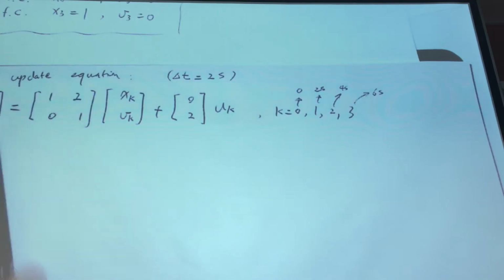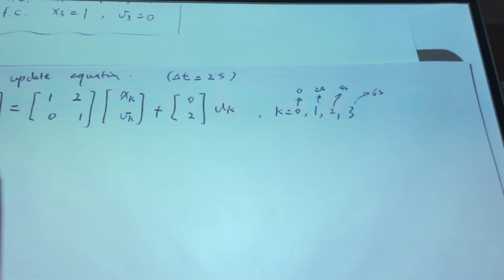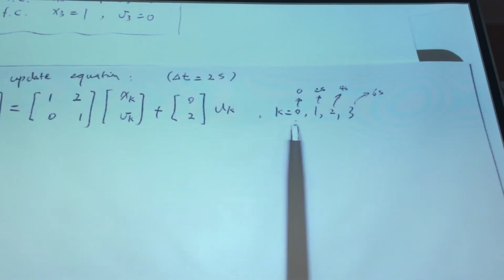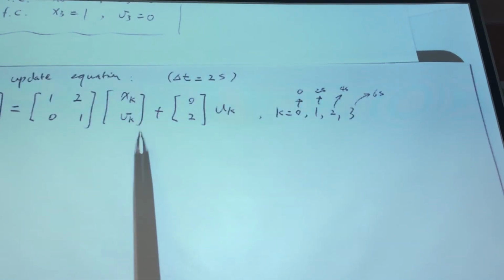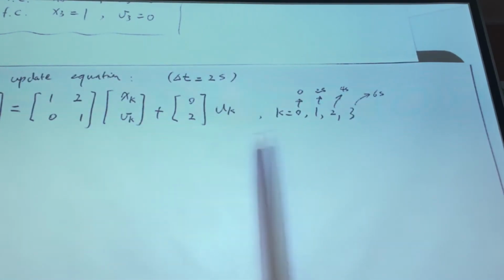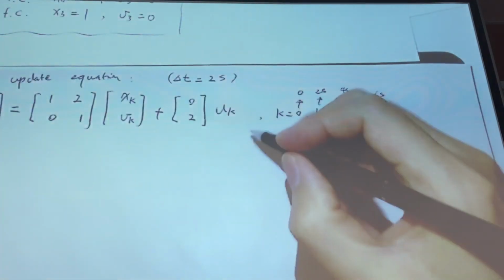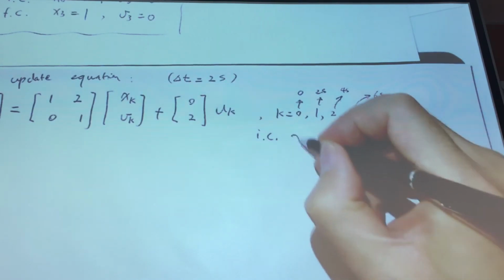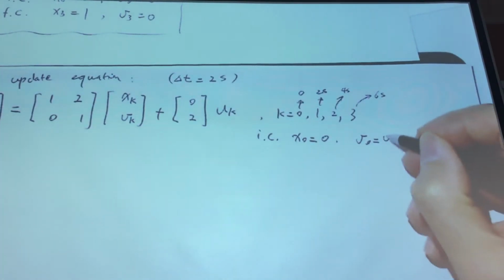So we have this update equation. From this update equation, we can determine x_k for any k between 0 and 3, because x0 and v0 are already known. From our initial condition, we know x0 equal to 0, v0 equal to 0.